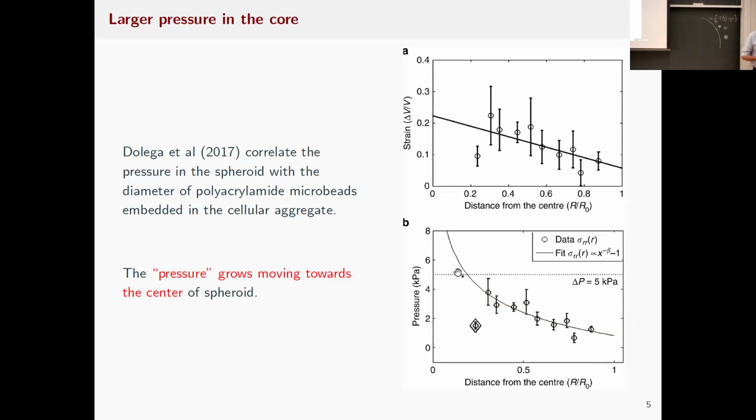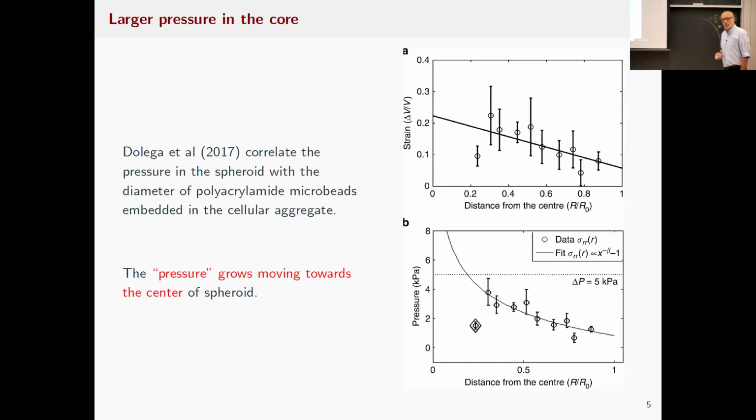How do they do that? They take some acrylamide spheres, and they look at the diameters of these spheres inside, and depending on the compression of these acrylamide spheres, they go up and find the pressure.